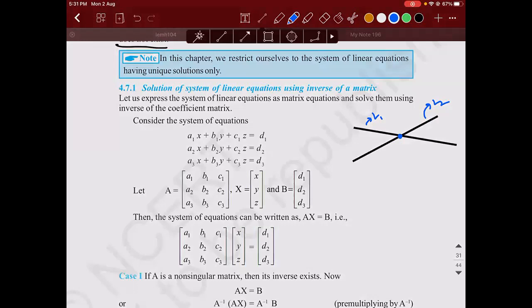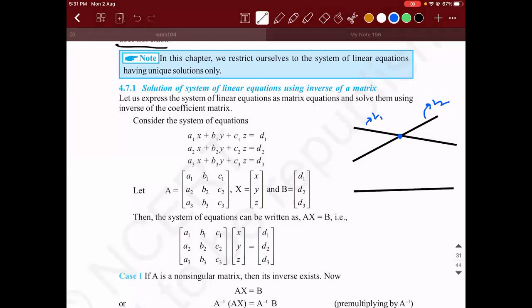Now, suppose I have a line like this and another line like this. This is a system of equations which has infinite solutions.